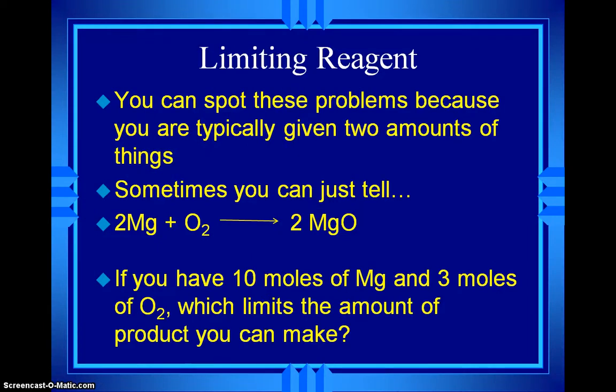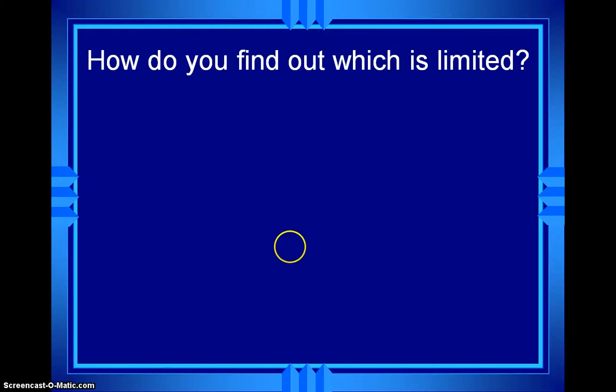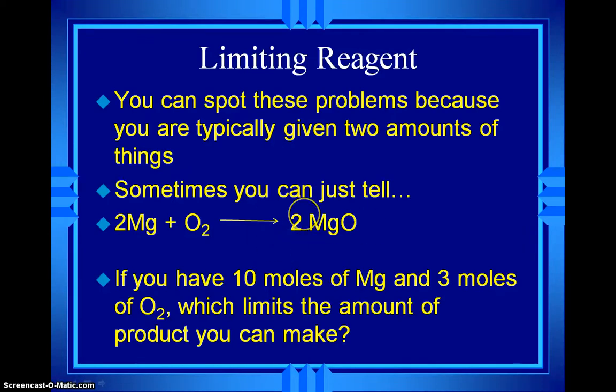Okay, now limiting reagent problems are easy to spot because when you start to read them, they give you 2 amounts of things rather than just 1 amount. So if we have the example of 2 moles of magnesium reacting with 1 mole of oxygen to form 2 moles of magnesium oxide, a type of limiting reagent problem would be this.